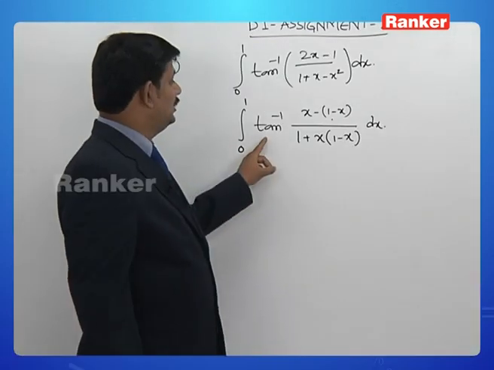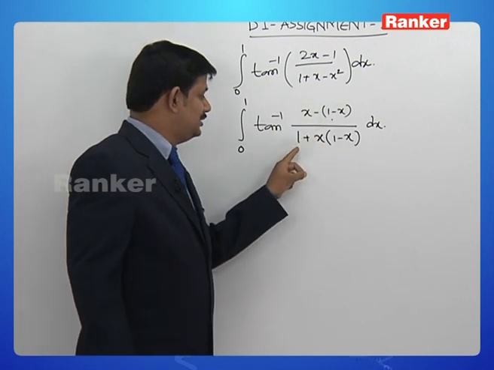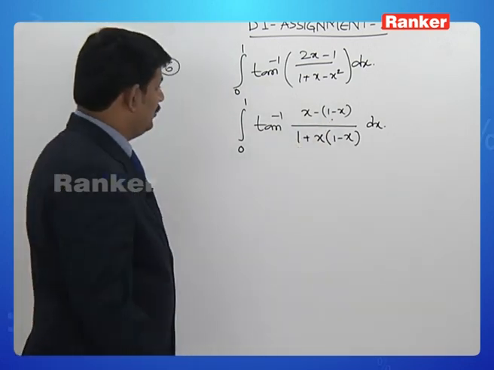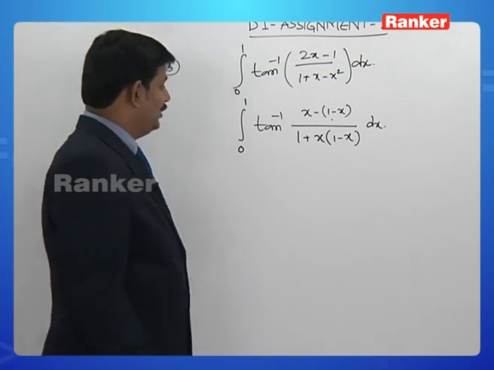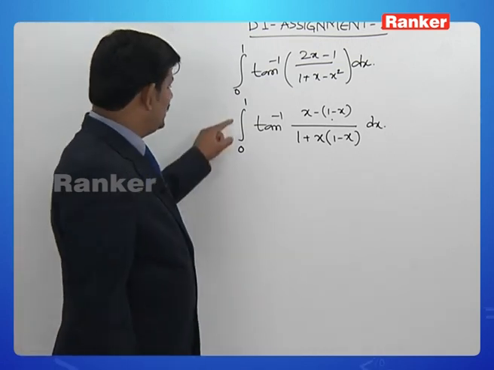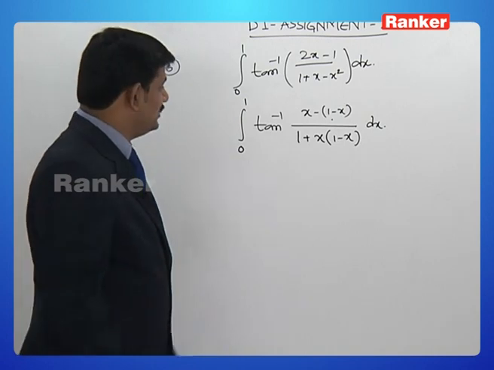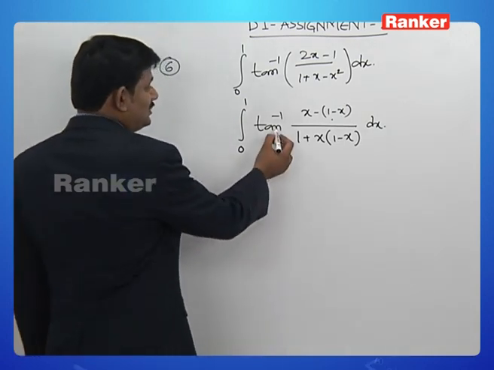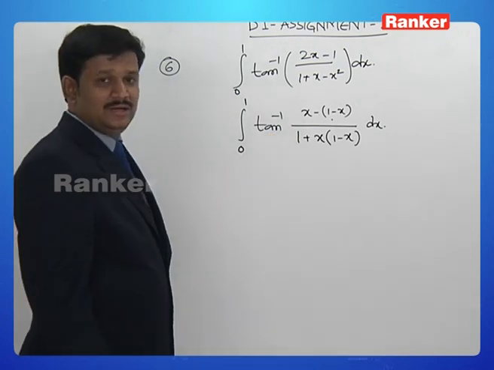This is in the form tan inverse of a minus b divided by 1 plus ab. And x lies between 0 to 1 and 1 minus x also lies between 0 to 1. So, we can say this is the formula for tan inverse a minus tan inverse b.